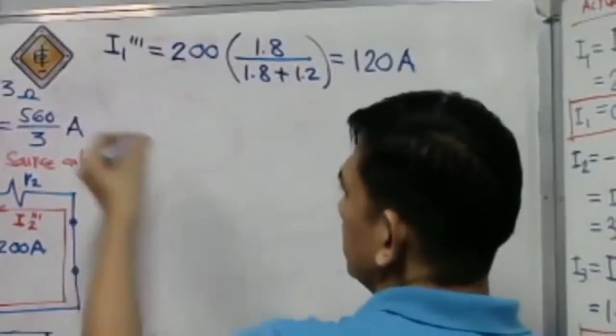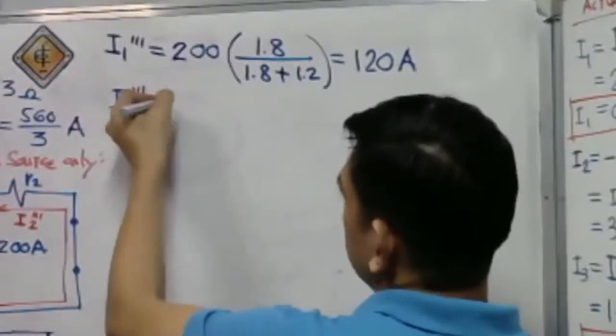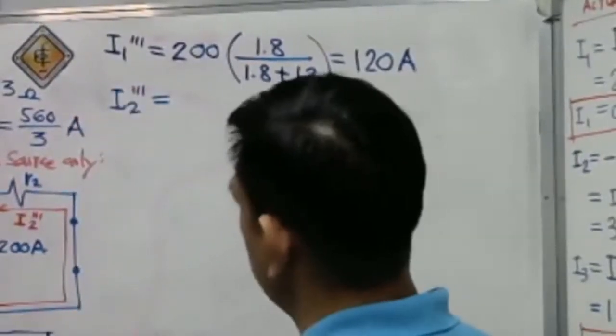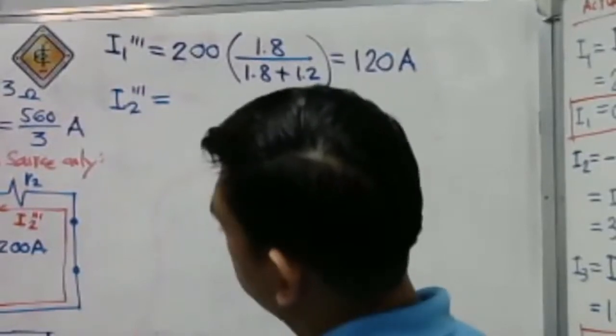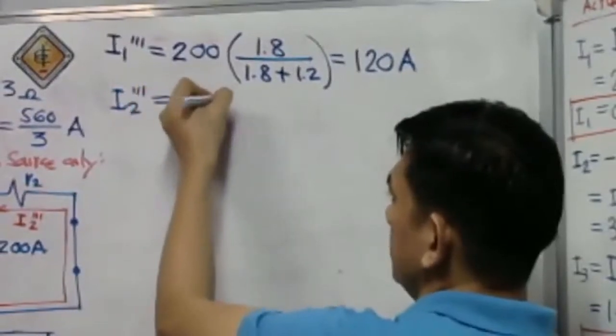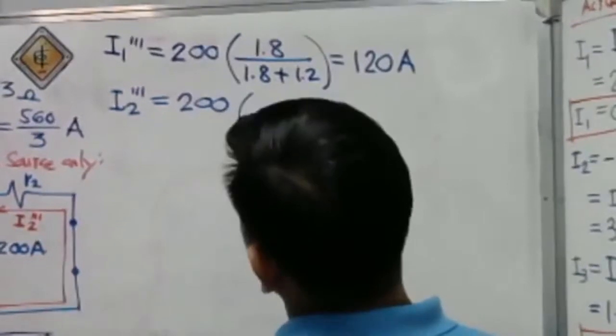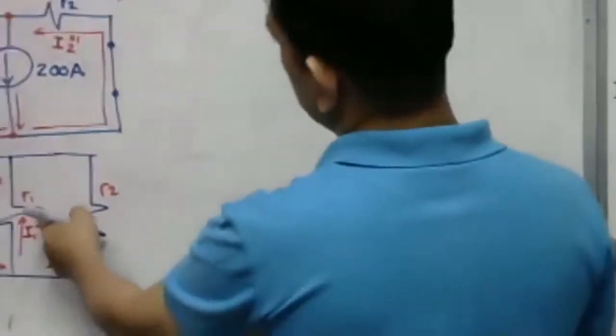I1 triple prime is 120 amperes. Then we have I2 triple prime. What is our I2 triple prime? We have here 200 multiplied by the opposite resistance, which is our R1. What is our opposite?